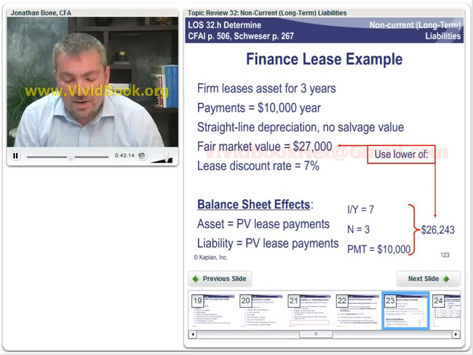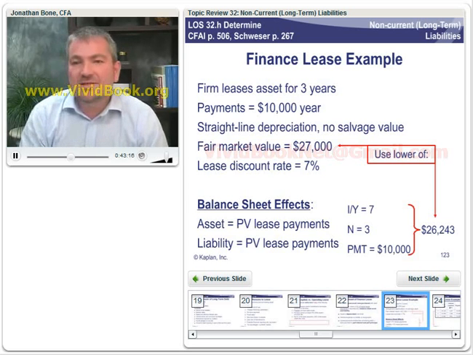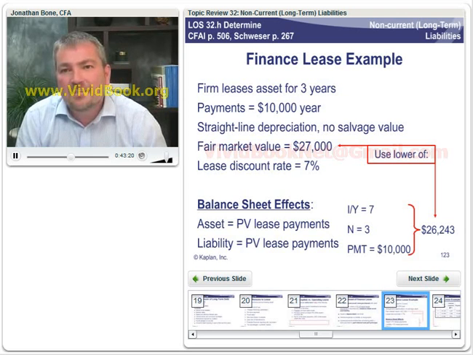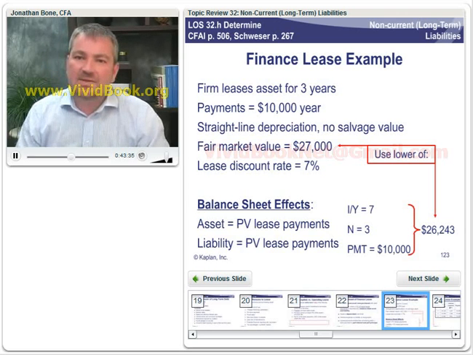Now you notice we get 26,243. This figure is lower than the fair market value, so we're going to use 26,243 as the value of the asset in our balance sheet and also the value of the liability. So notice both the asset and the liability are recorded initially at the present value of the minimum lease payments.